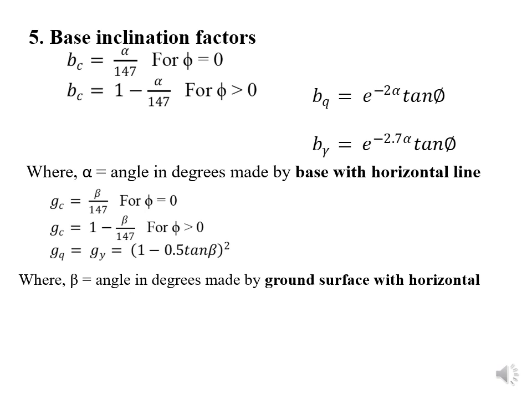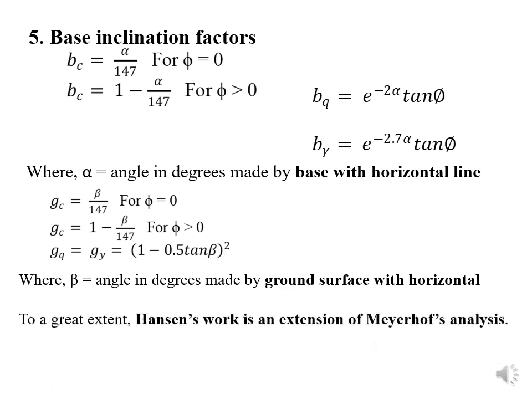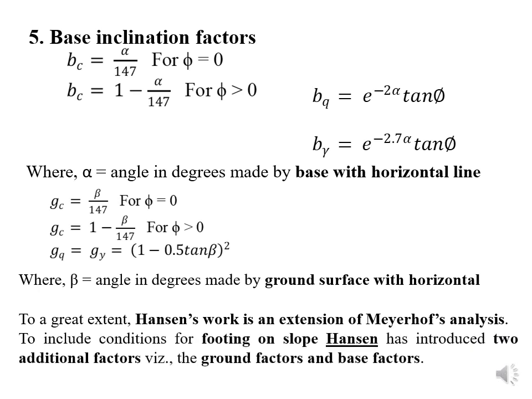Beta is the angle in degrees made by the ground surface with the horizontal. That means Hanson's work is an extension of Meyerhof's analysis. The formula is the same, but Hanson incorporated two new things in his equations: the base inclination factor and the ground inclination factors.